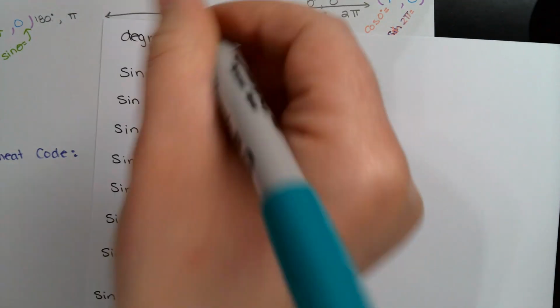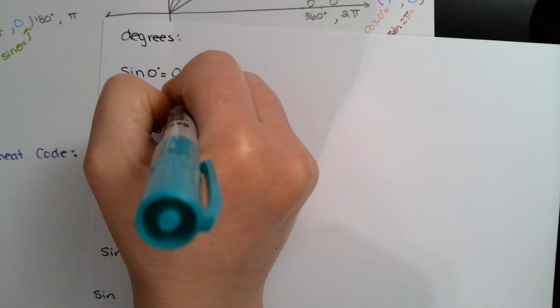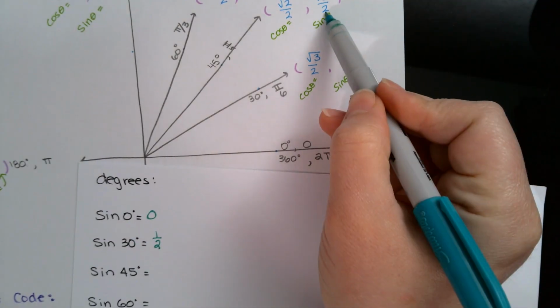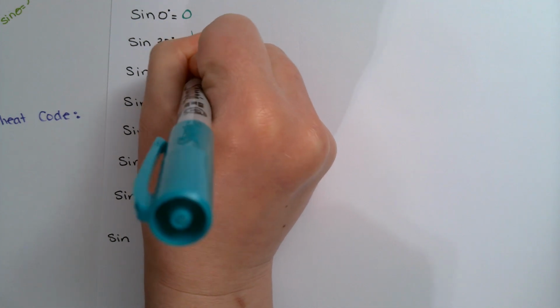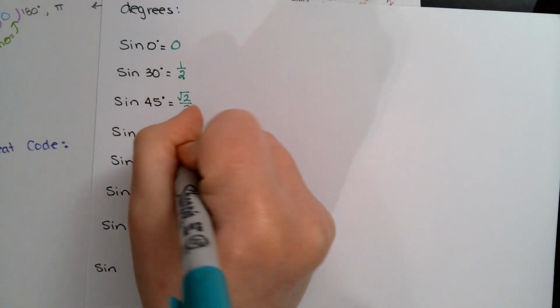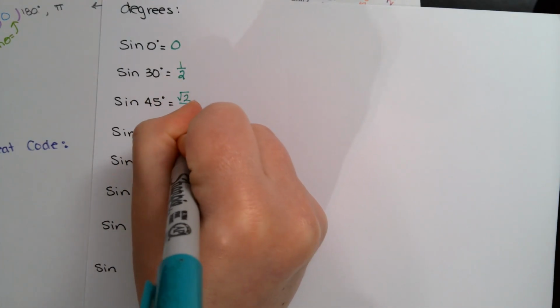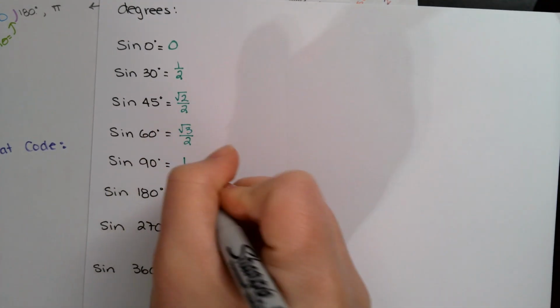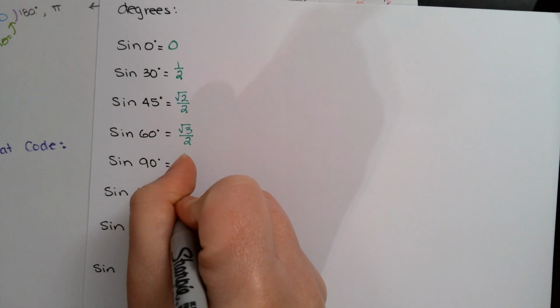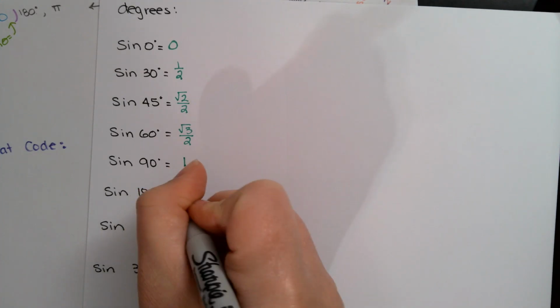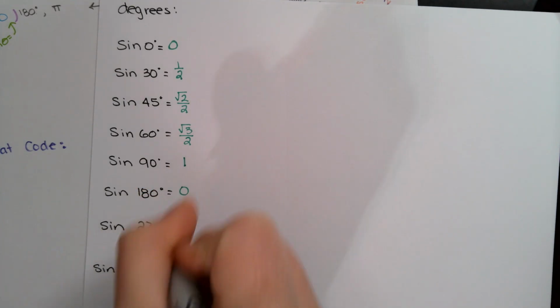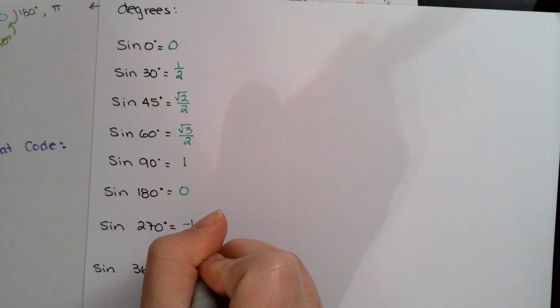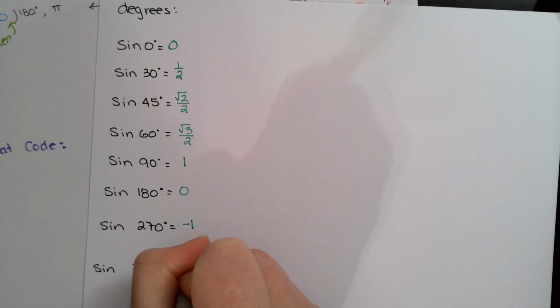Sine of 30 degrees is 1/2. 45 means root 2 over 2. 60 degrees in the y location is root 3 over 2. 90 degrees gives me 1. 180 gives me 0. 270 gives me a -1. And 360 gives us 0.